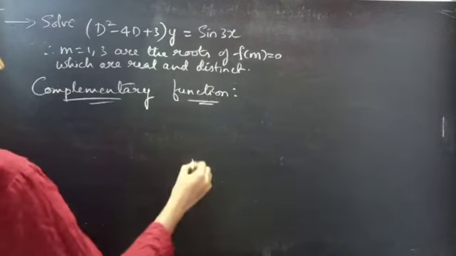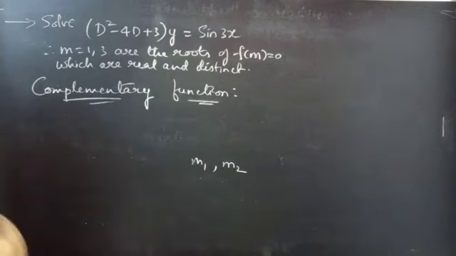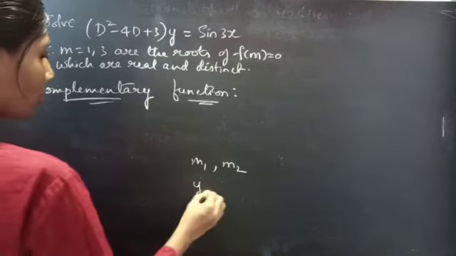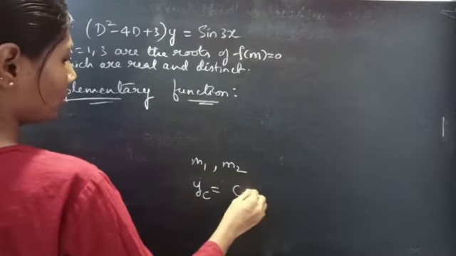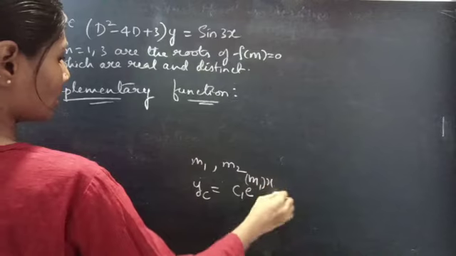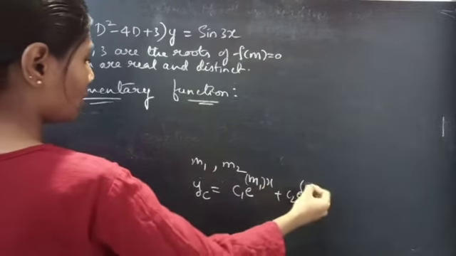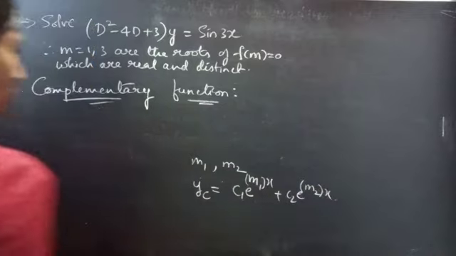We know that when two roots, say m1, m2, are real and distinct, then our complementary function will be c1 e power 1 root into x plus c2, another constant, into e power another root into x, right?